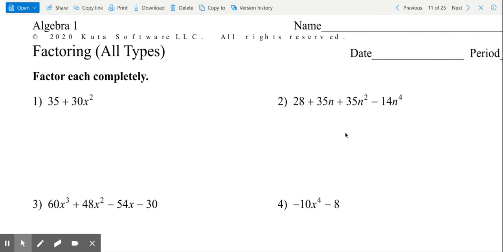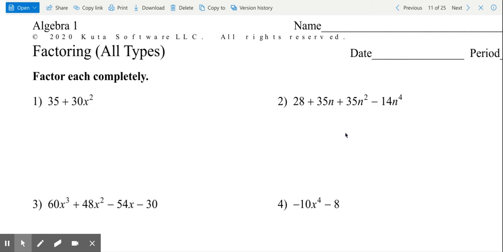So we've talked about several types of factoring. We've talked about just factoring out the GCF, the greatest common factor. We've talked about factoring by grouping. We've talked about the AC method with grouping. We've talked about slide and divide. Now, those two last things are used in the same types of situations.